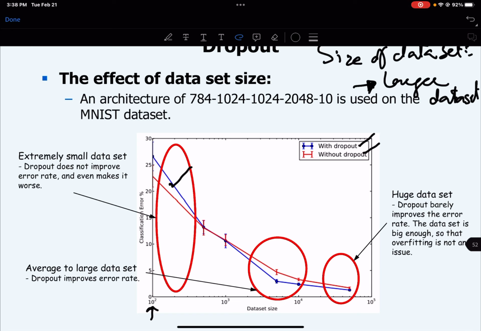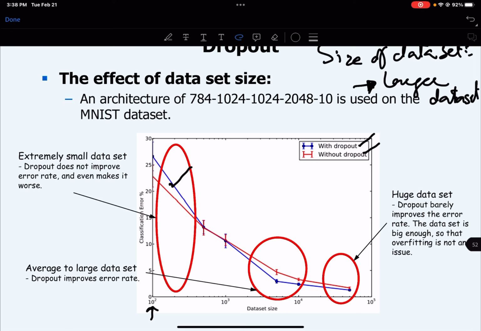If we already have very few samples, and then we are dropping out some of the nodes and not considering them, our model does not have enough samples to train the network, and therefore the performance is way worse than without dropout.